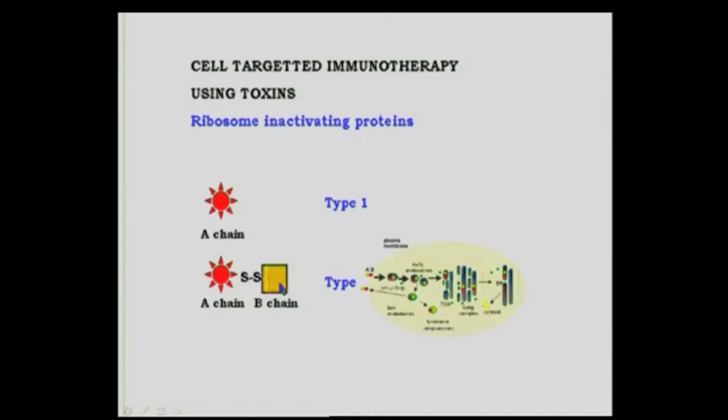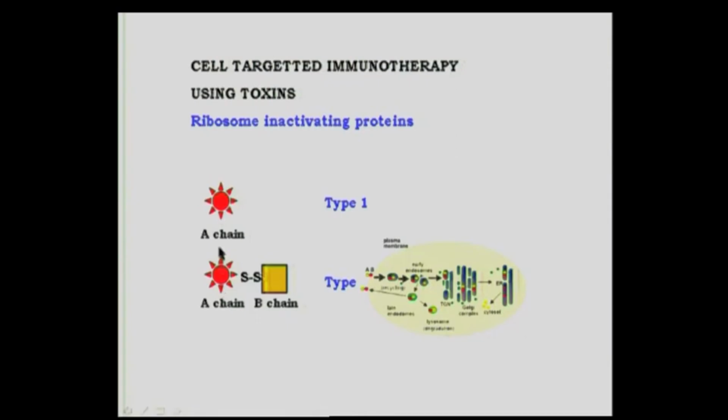The B chain, because it is a lectin again, gets retained on the glycoproteins which are present in the ER, and the A chain is thrown out into the cytosol, where it binds to the loop structure in the 28S ribosomal RNA, depurinates it, thereby inhibits the elongation factor from binding, and protein synthesis is completely stalled.